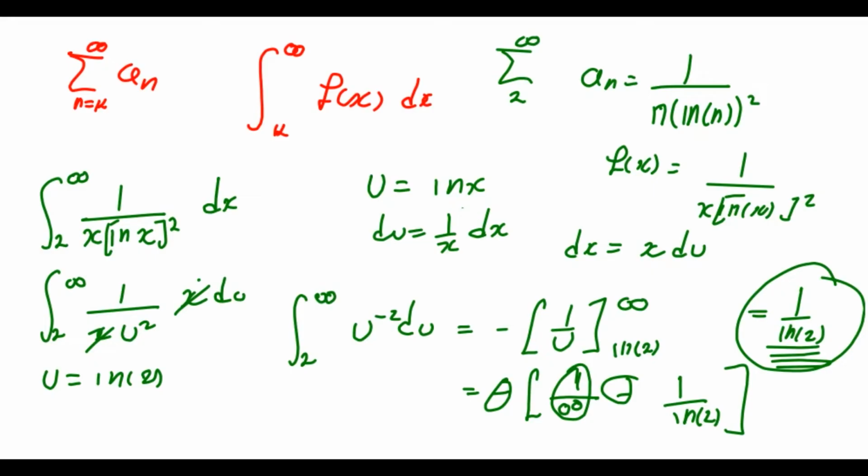For example, if you're using the ratio test, where there's n, you need to substitute with n plus 1, because you're going to have a sub n plus 1 divided by a sub n. This is the ratio test.